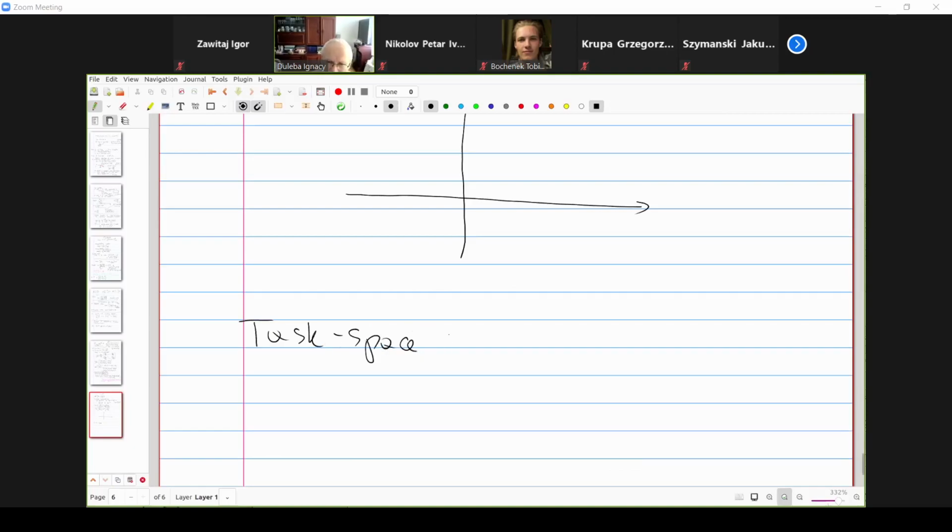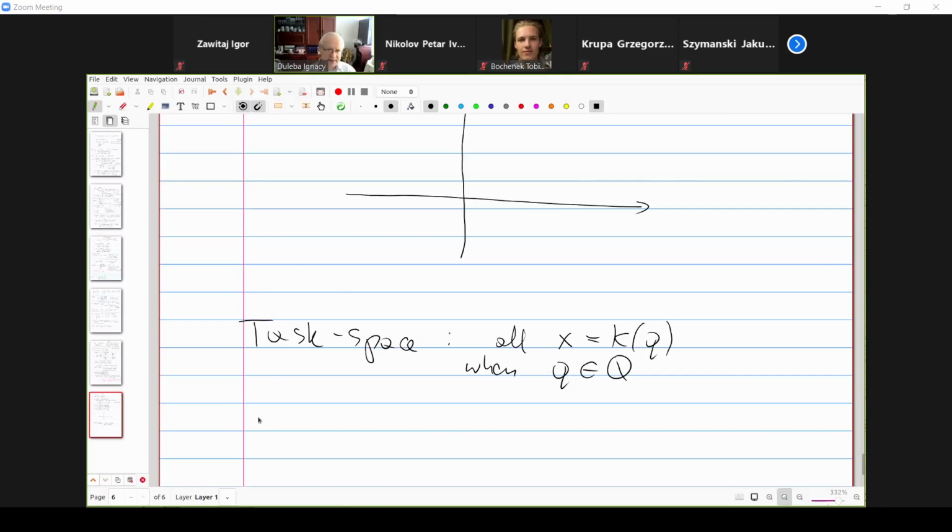You know, task space is just all points X, when Q belongs to configuration space.